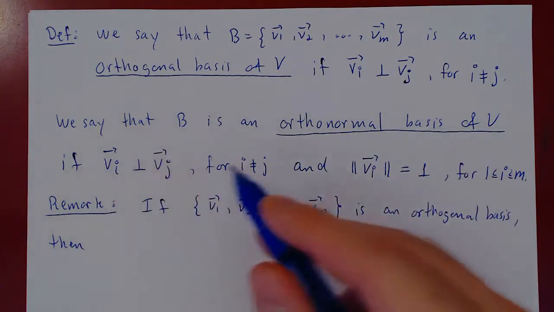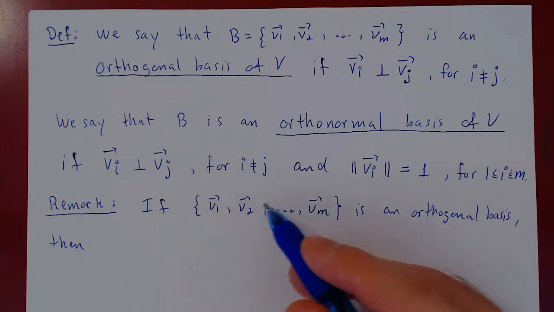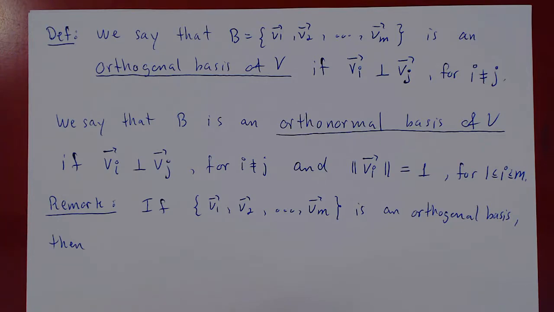Orthonormal is just orthogonal with unit vectors. Well, how can you guarantee that the vectors will keep their direction, but will now be of length 1? If you remember, all you have to do is multiply a vector by 1 over its norm, and the vector becomes a vector with the same direction, but whose length is 1.